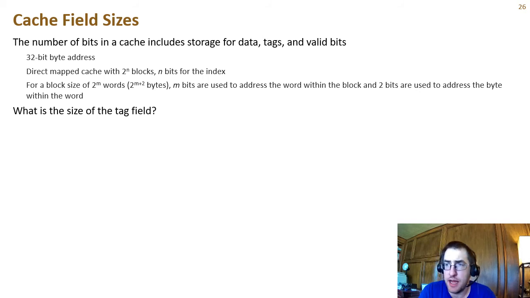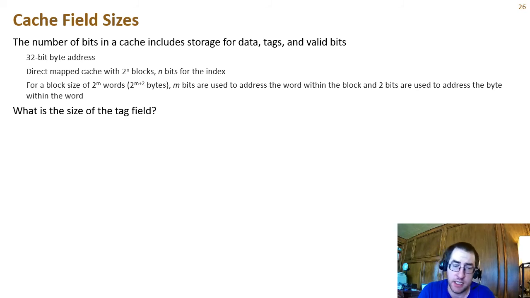Every cache block will also have a valid bit in order to differentiate between blocks of the cache that actually hold something we mean them to hold versus blocks of the cache that are just holding garbage bits, essentially.